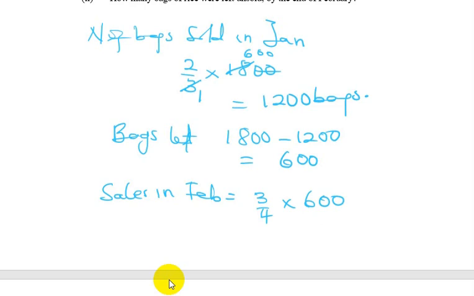So we are going to get, 2 goes into 6 three times, it goes into this one 300, then 2 goes into 3, it goes here 150, okay? So 3 times 150 is going to give us 450. So it means that in February too he sold 450 bags, okay? January was 1,200 and February was 450.